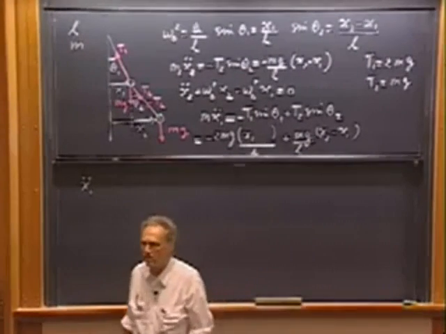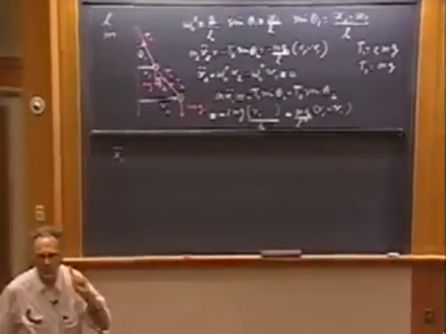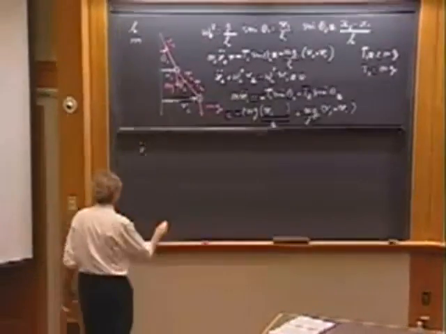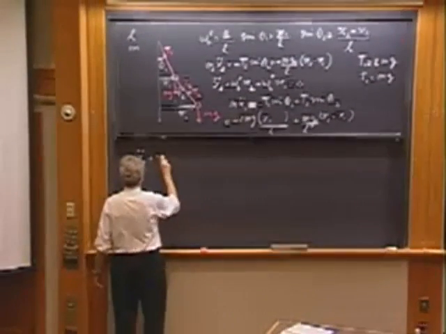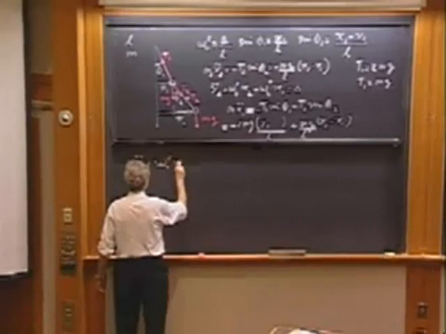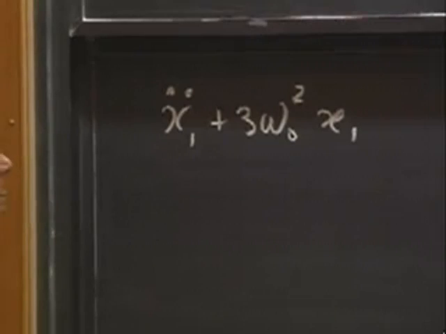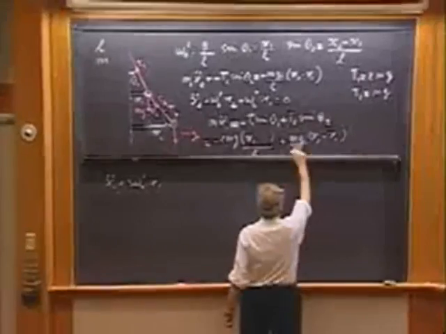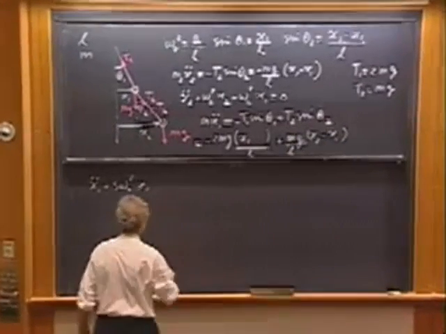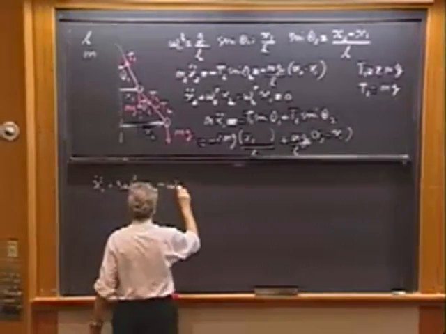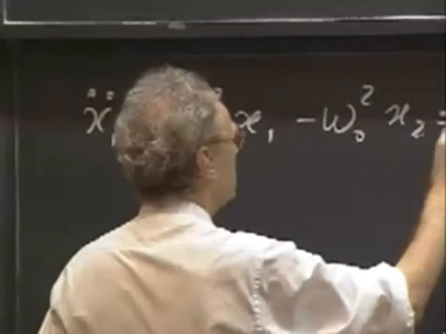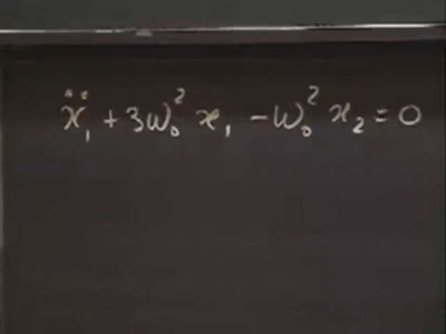And both have a minus sign. So when they come out, I get 3 omega 0 squared. So I get plus 3 omega 0 squared times x1. And then I have to bring x2 out. That becomes minus omega 0 squared times x2. And that is a 0.